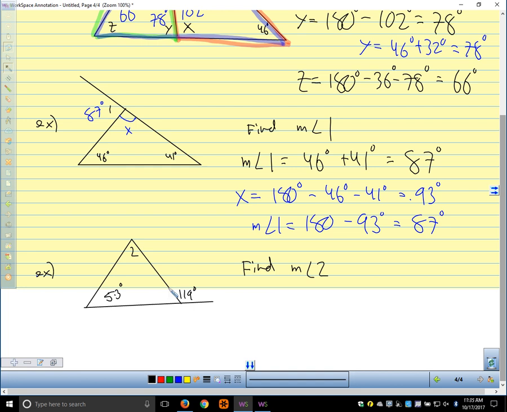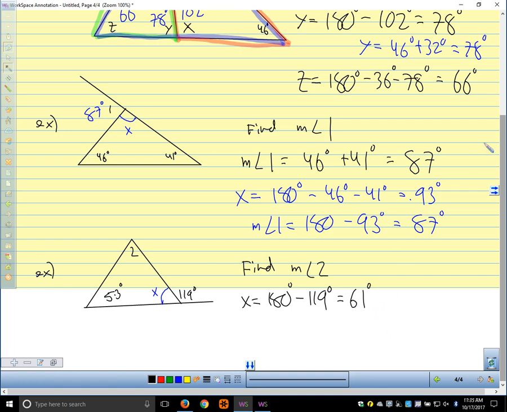Okay, we can figure out this angle in the triangle. So we could call that x. So x equals 180 minus 119. What does that come out to? 61.